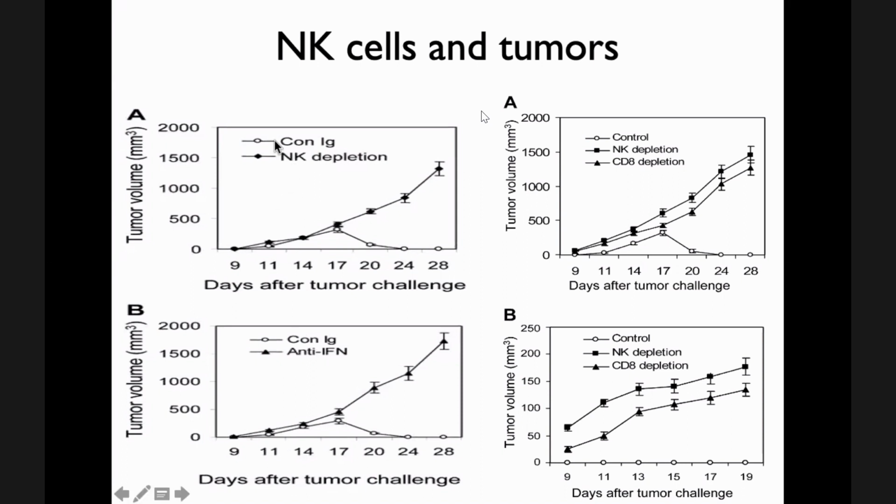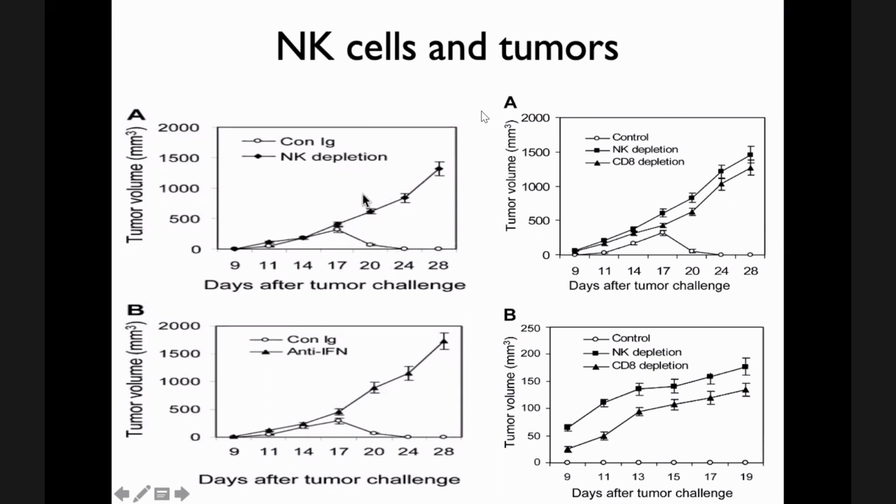Now, if you monitor the progression of this tumor over a period of time in control animals where NK cell activity was there, you have development of this tumor, it reaches a certain level and then it goes down.